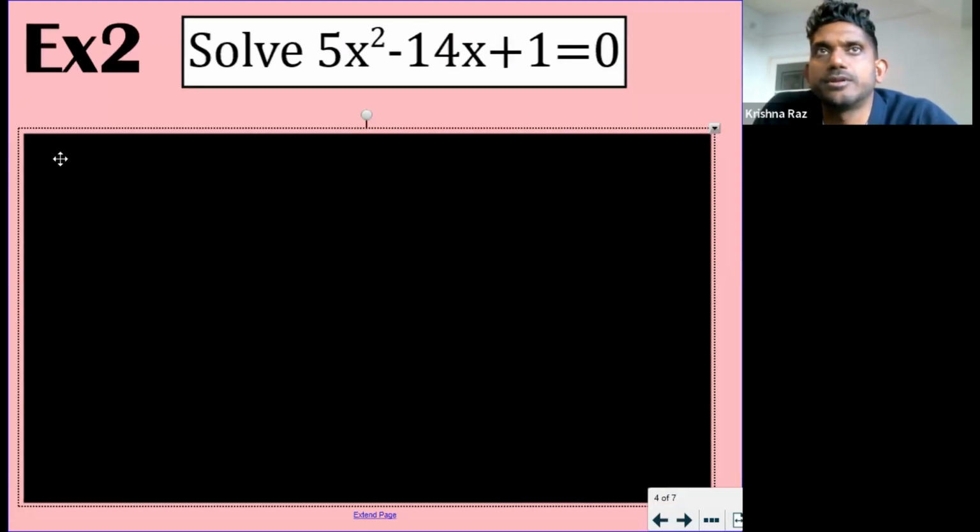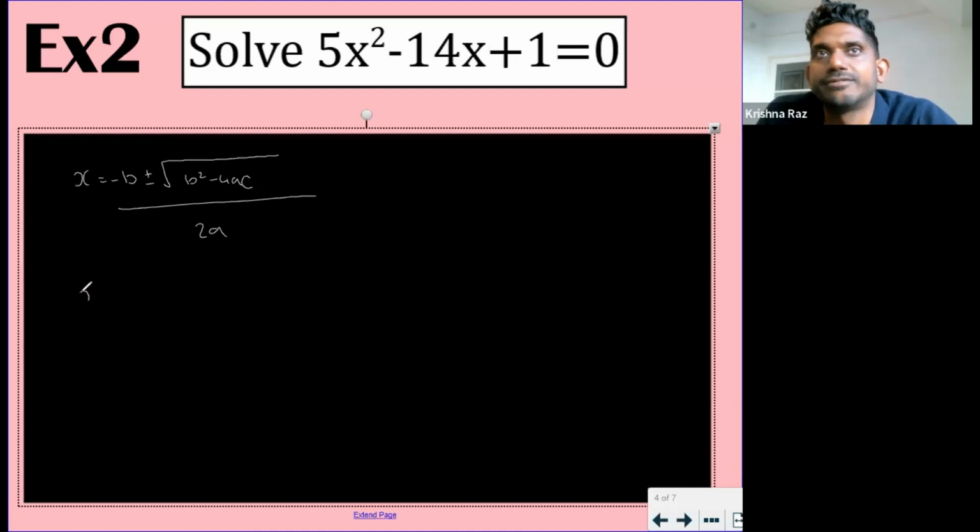So all I'm going to do in the next 2 examples is play around with the signs. So first let's make b negative. So how will that affect what we're doing? The quadratic formula is x equals minus b plus or minus the square root of b squared minus 4ac all over 2a.